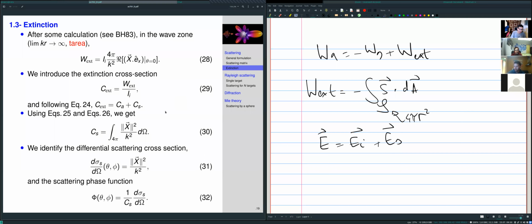But once you work out the math, then we introduce this extinction cross section, which is the ratio of the flux that's removed from the incident beam relative to the incident beam.